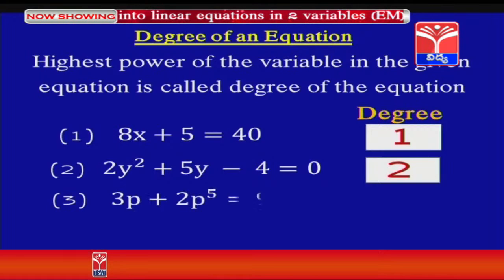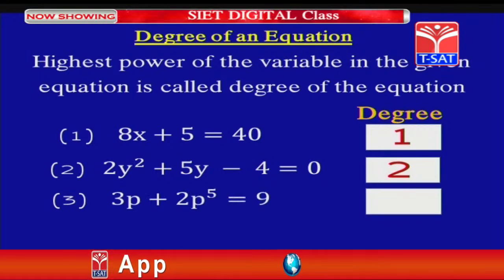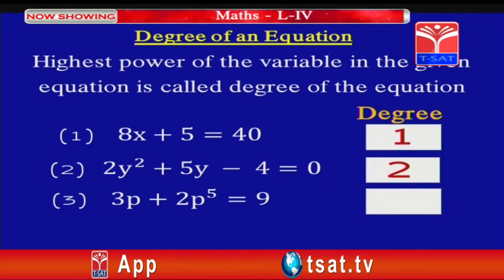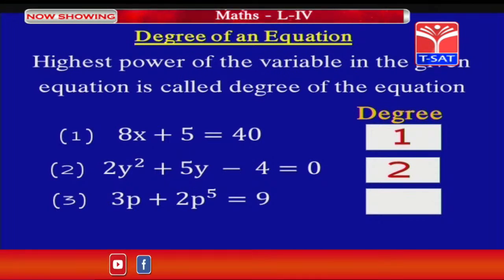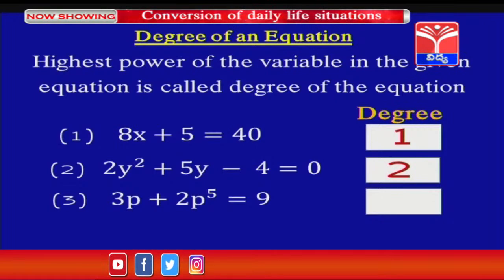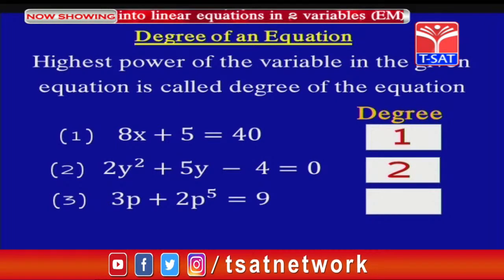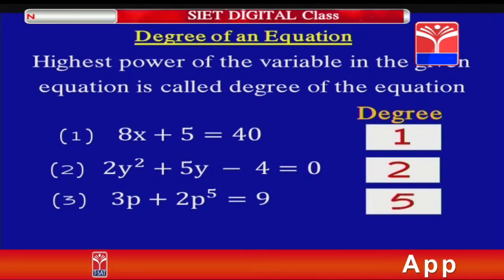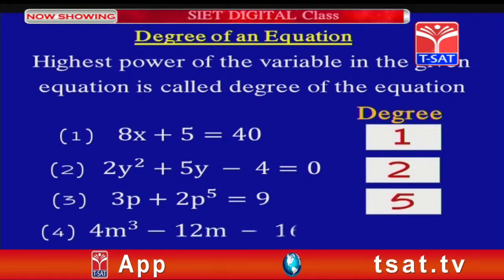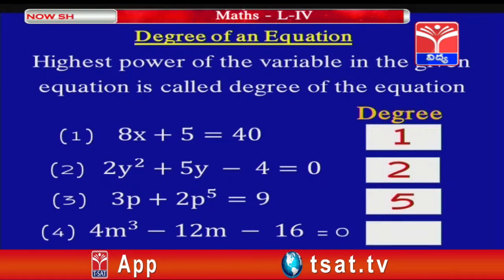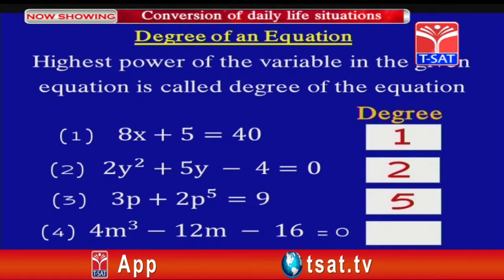Third one, 3p plus 2p power 5 is equal to 9. Now, it is an equation with variable p. Highest power of the variable p is 5. So, it is a fifth degree equation. Fourth one, 4m cube minus 12m minus 16 is equal to 0.